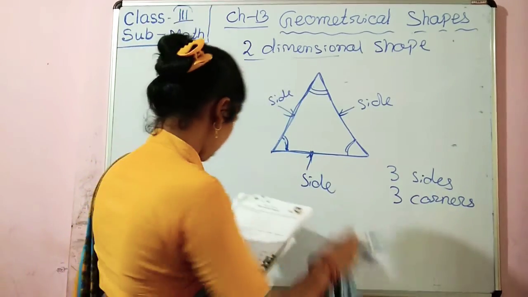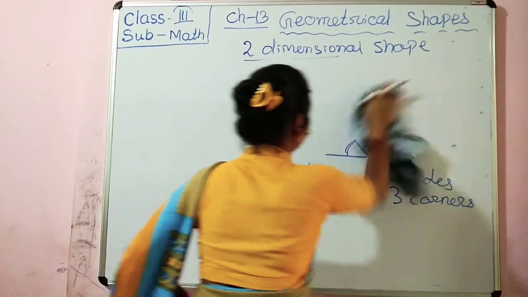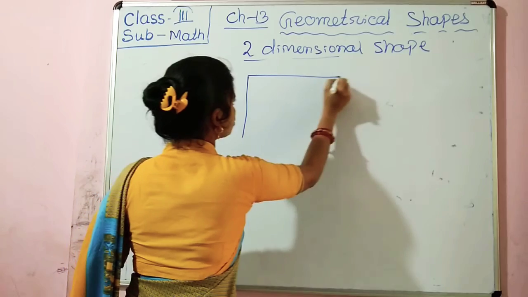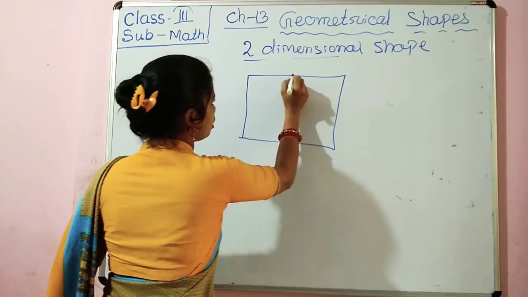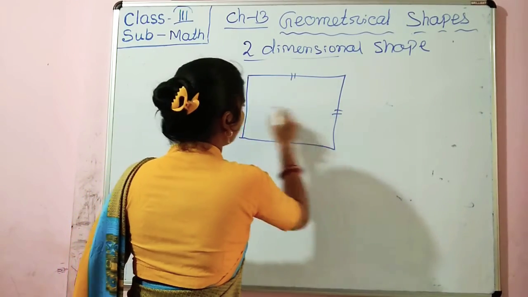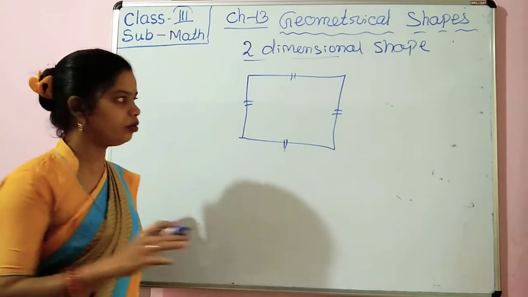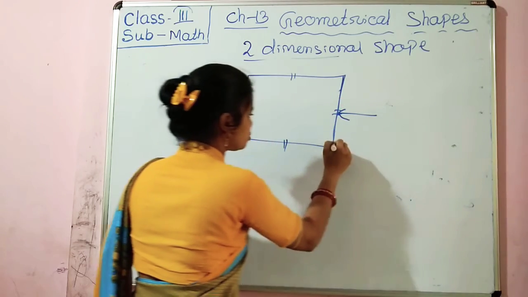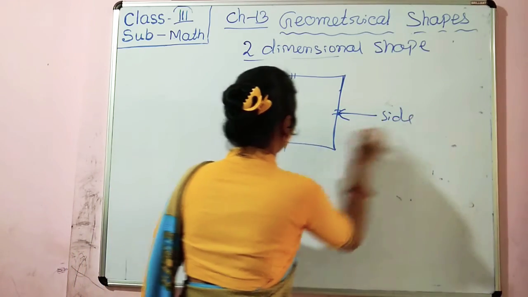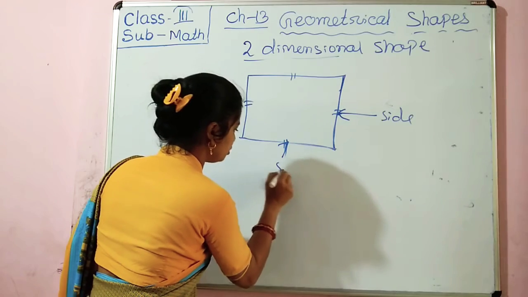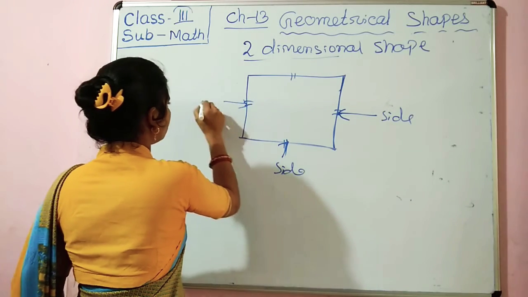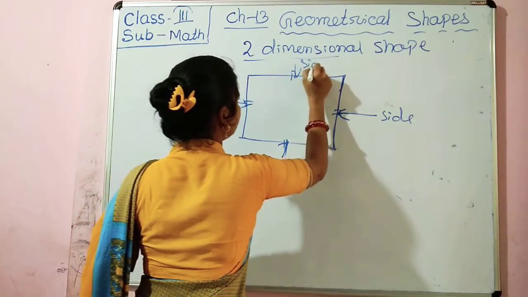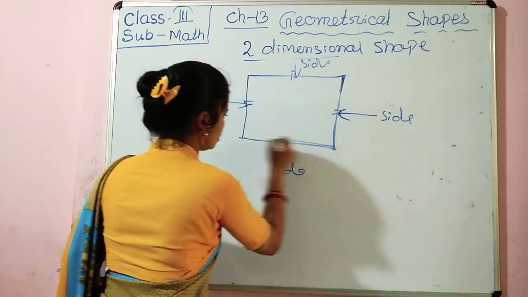Next we know about the square. Look at the square, all of you know square, the four sides are equal. This side is equal to this side. Okay, how many sides? Here are four sides. 1, 2, 3, 4.